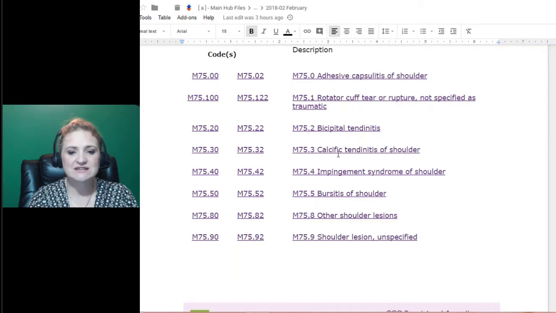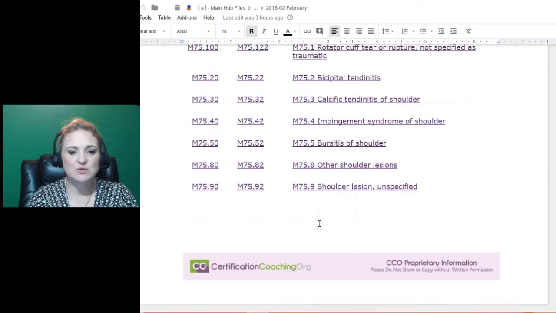Then this one, calcific, has to do with a buildup of calcium deposits. Bursitis is an inflammation, but we're probably looking at the one that they had mentioned: other shoulder lesions, or shoulder lesion unspecified, is what most likely we're looking at.